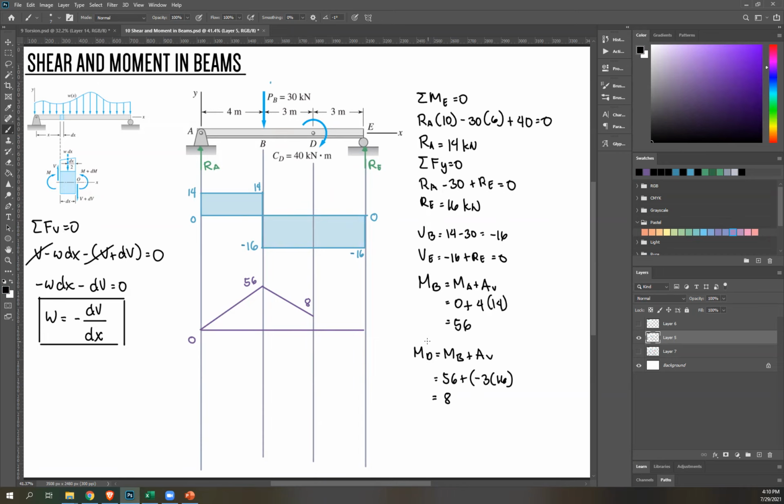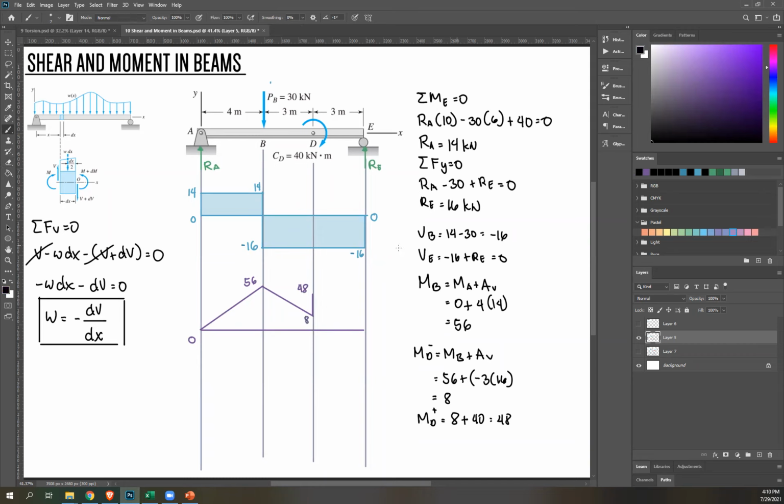So this is MB on the left side, right? That's why there's a negative. And then MD on the right side, that's 8 plus 40. It's 48. We're gonna go up until you reach 48. So this is 8, that's 48.